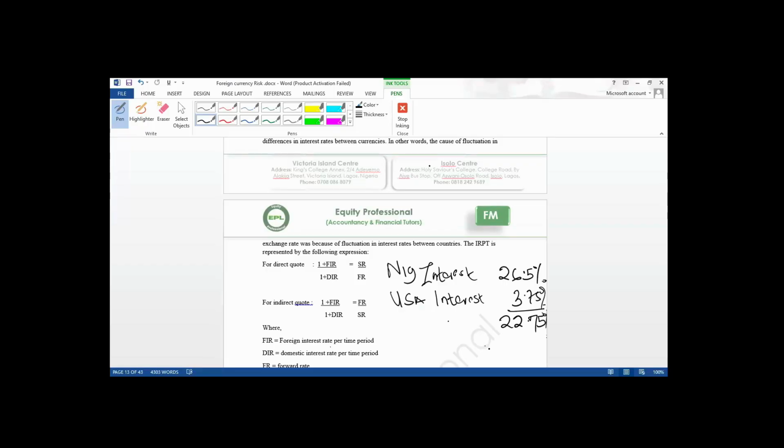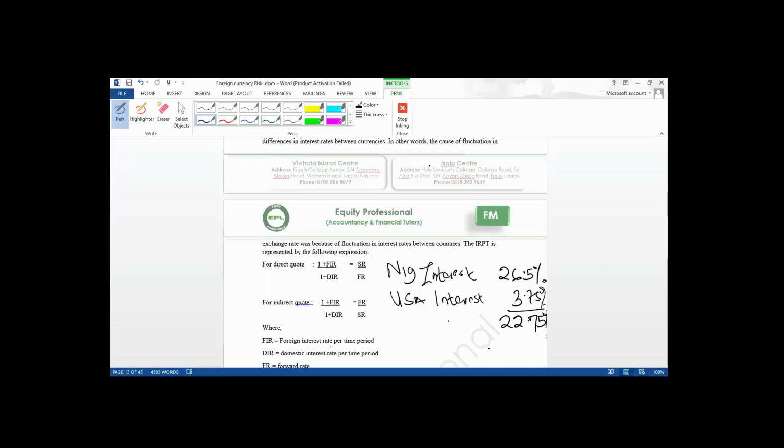The interest rate parity theory can be used to forecast or predict exchange rates between two currencies.